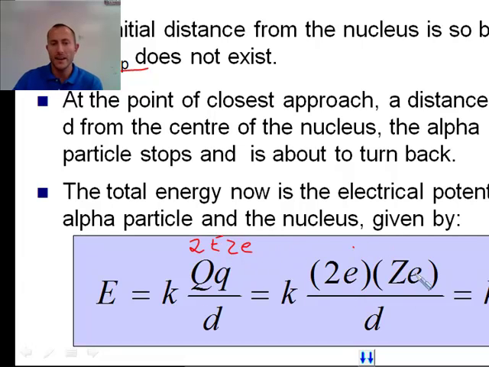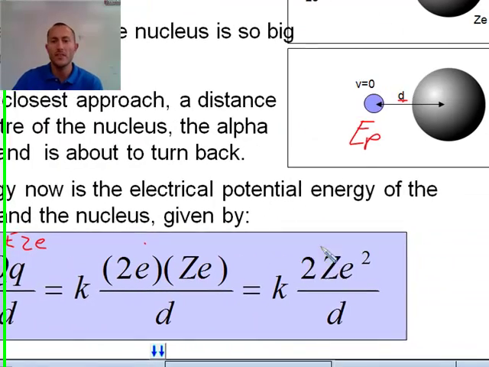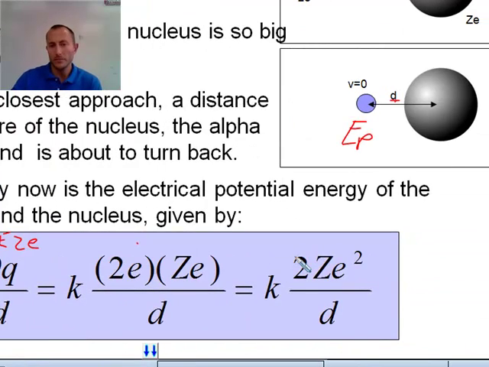We plug those in there, and we keep using d, so we get the potential energy is equal to k times 2 times Z, which is whatever the atomic number of the nucleus is, times e squared divided by d.